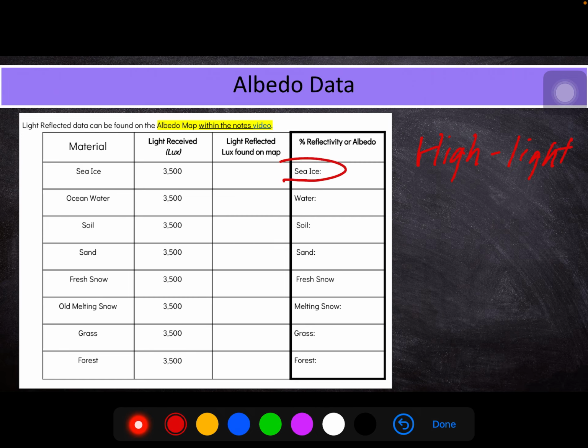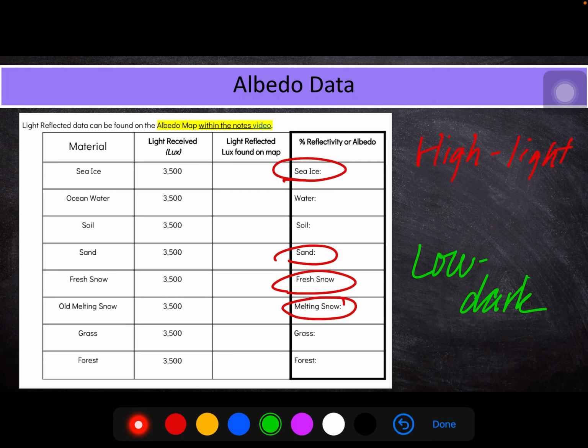So that was like sea ice, snow, sand was kind of on the higher end there. And then the low albedo, those are the dark-colored surfaces, like soil, forests, and water is one of our lowest albedos.